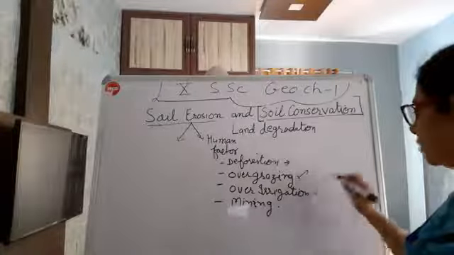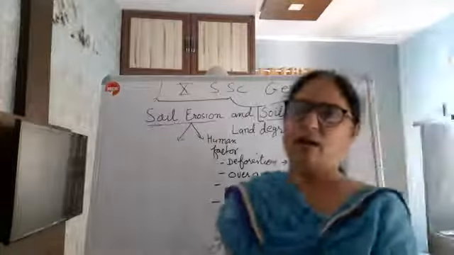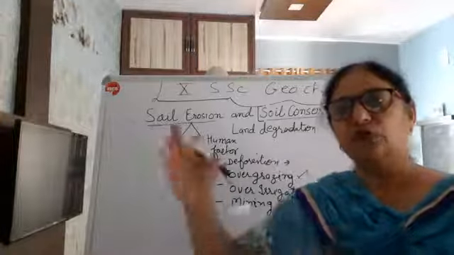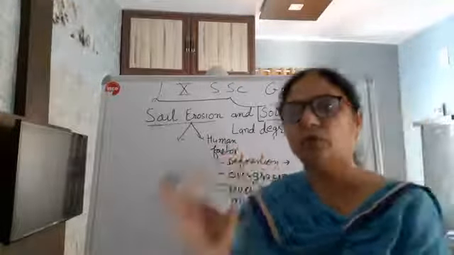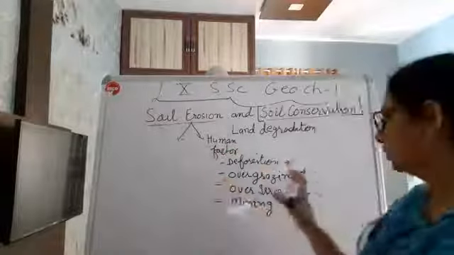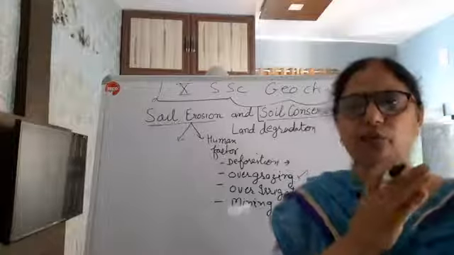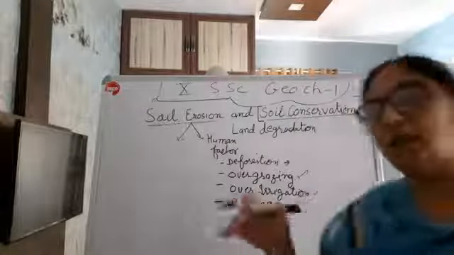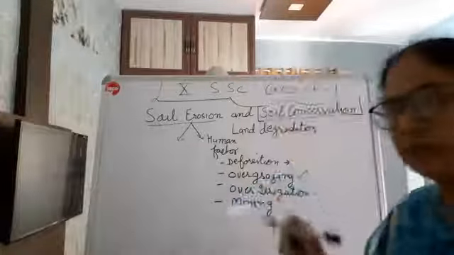Then over-irrigation directly leads to water erosion. I mean to say, when water is overflowing with full speed, sometimes it takes away the important layer of soil with it, and sometimes if water is staying there, standing water is there, then also it is harmful.